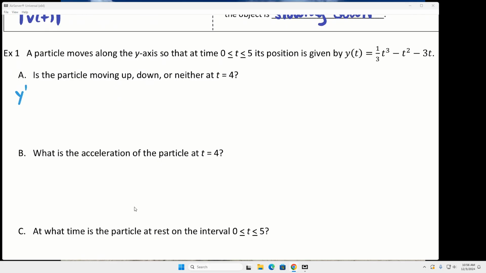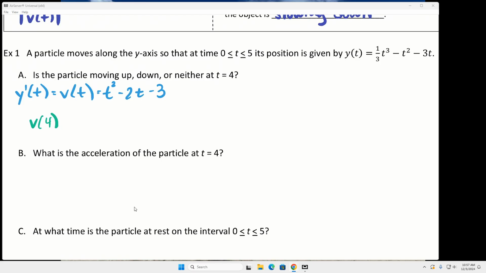And so y prime of t is going to be the velocity of t. And so we'll just do that real quick. And then we're going to plug in 4.